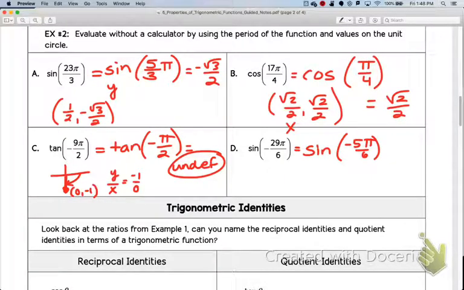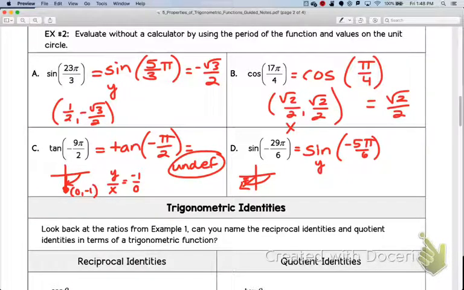Remember sine, we're looking for our y. Negative 5π over 6 is going to get me to quadrant 3, so everything's going to be negative, and then 5π over 6 gives me a reference angle of π over 6, and that would be 30 degrees, right?